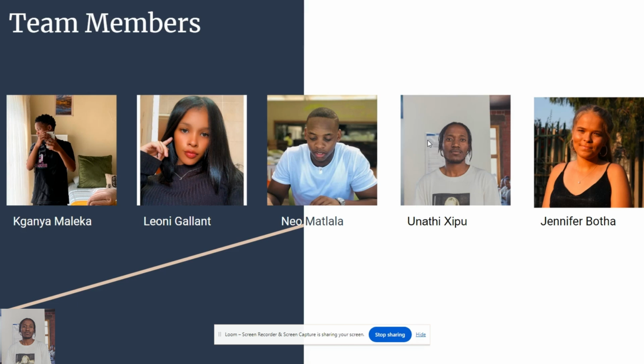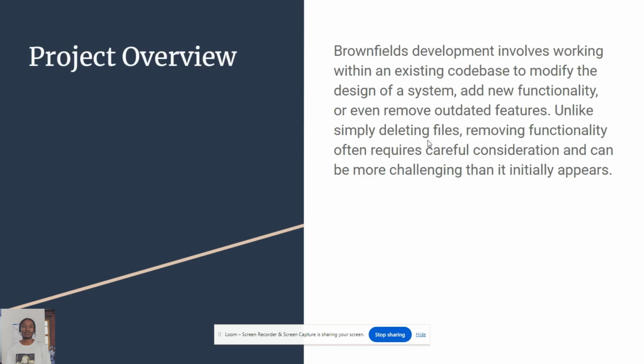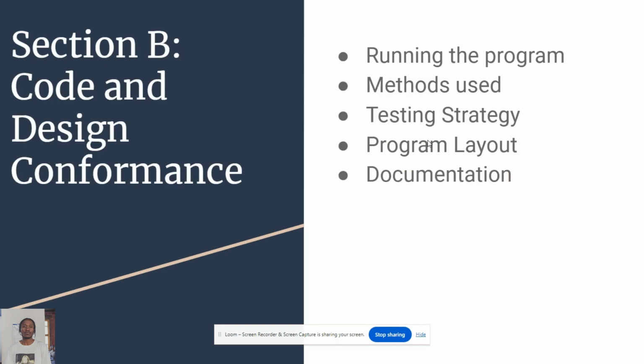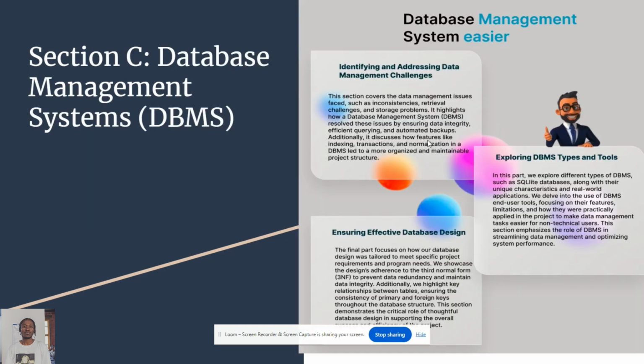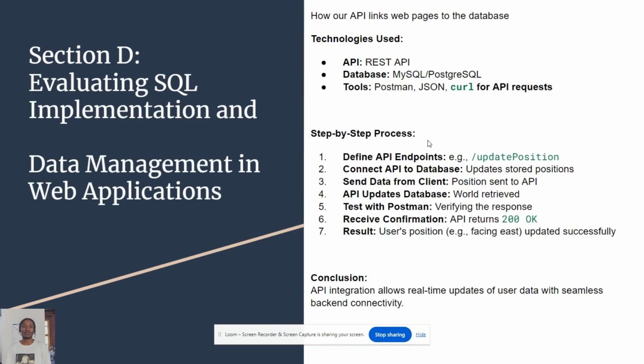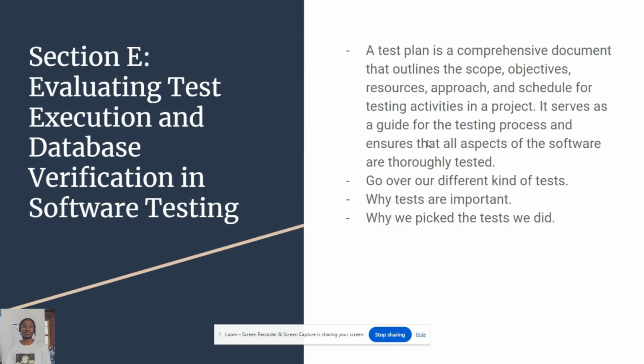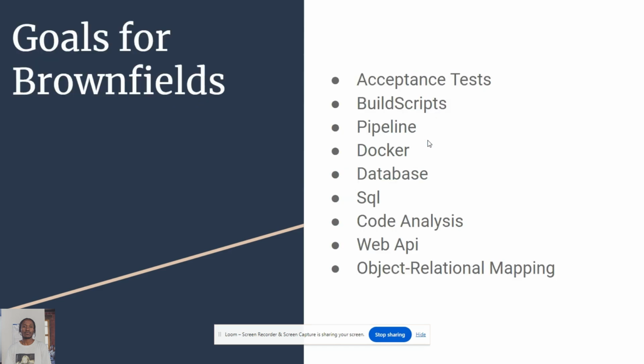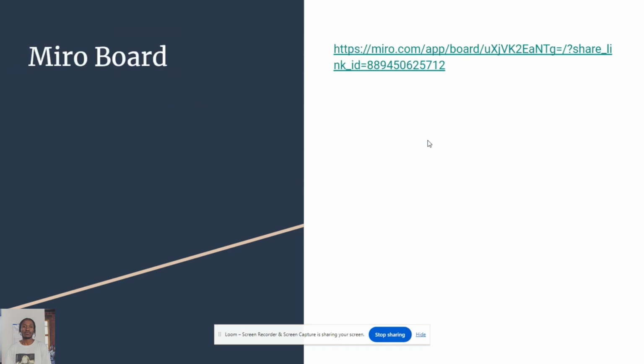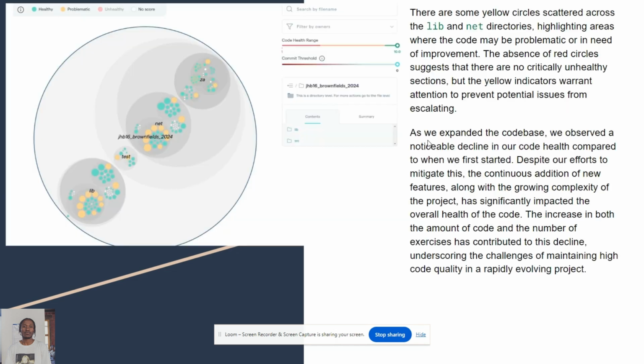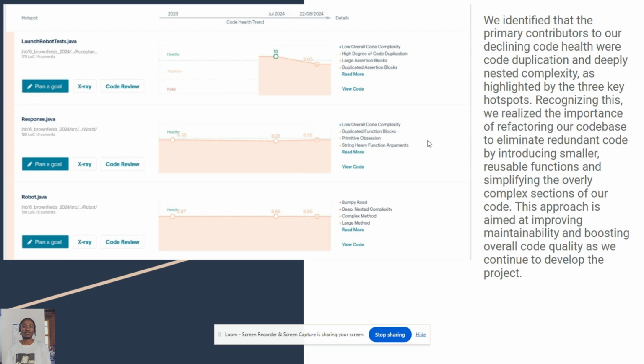So firstly, I will go through the project overview, then one of my teammates will go through the code and design and conformance, database management systems, evaluating SQL implementation and data management in web applications, evaluating test execution and database verification in software testing, and then we will go through the goals for Brownfields, and then I will go through some of the tools that we used for this Brownfields project, including the Miro code scene analysis. And then lastly, I will go through 5 successful outcomes that we achieved during this project.